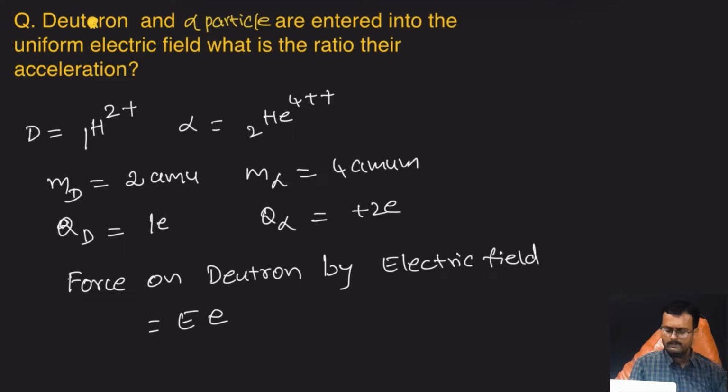F is equal to ma. Mass of deuteron is 2 amu and acceleration is ad. So acceleration of deuteron is Ee by 2.